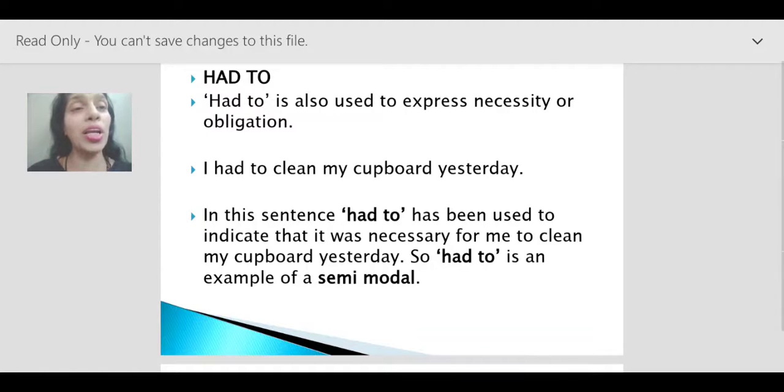I had to clean my cupboard yesterday. In the sentence, had to has been used to indicate that it was necessary for me to clean my cupboard yesterday. So, had to is an example of a semi-modal.